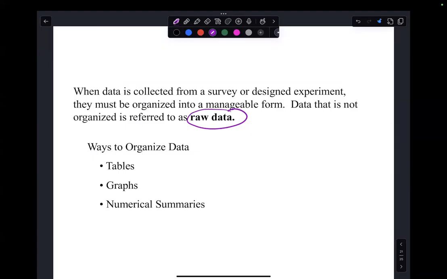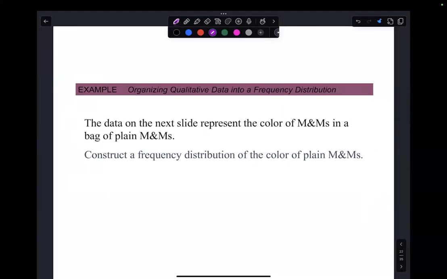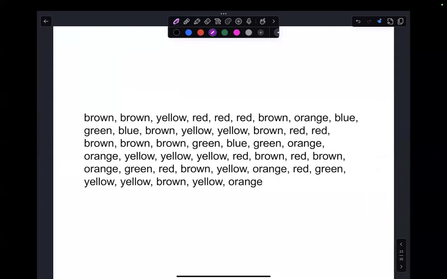And categorical data is so much easier than anything else. It's so easy to organize. So for the next data, we're going to have a bunch of M&Ms, and we're going to create a frequency distribution of those M&Ms. My raw data just looks like this. It is a big pile of uncooked data. You see all of these colors of M&Ms.